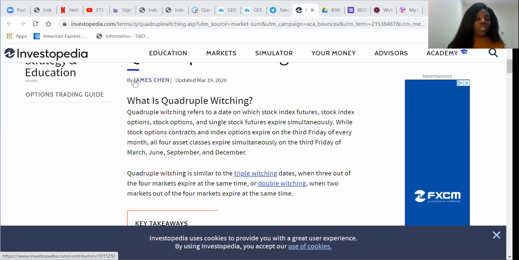When stock options expire, what tends to happen in the market is a massive expiration of trades, i.e. all trades close down. So they sell off, and then after the sell-off, the new contracts come into play.